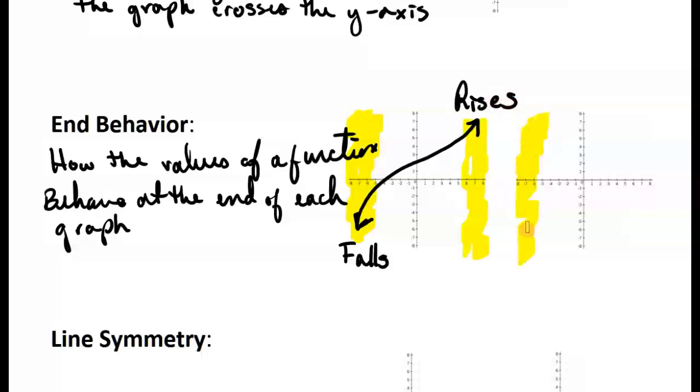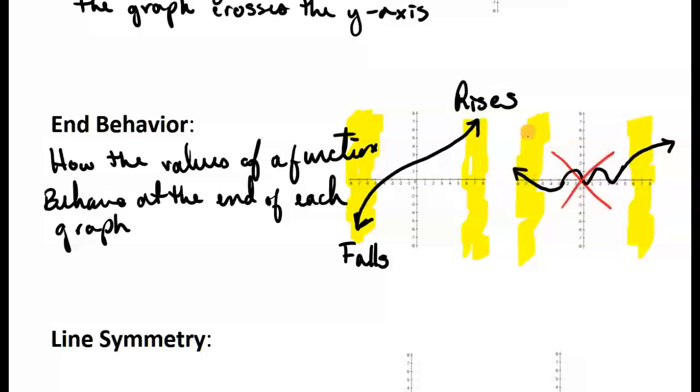Same thing here, end behavior is what's happening at the very end. Even if my graph did a bunch of this in the middle, and even if it flattened off a little bit here and here, end behavior doesn't care what's going on in the middle. That has nothing to do with end behavior.